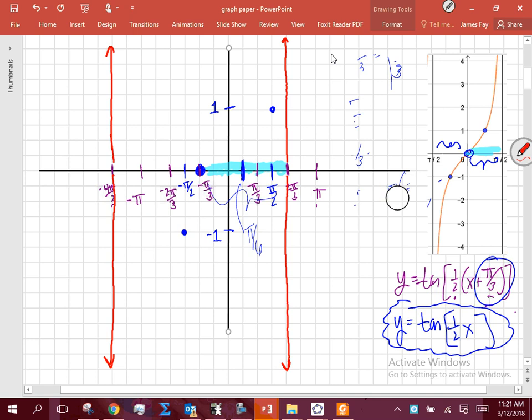Okay? Or you can do it this way. You can say this currently had a pi over 2 x value, right? Remove pi over 3 from it. We'll move it to the left, right? So then this would be 3 pi over 6 minus 2 pi over 6.